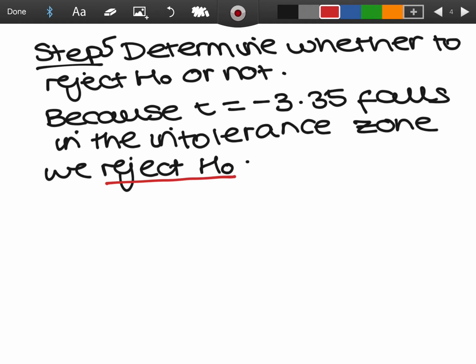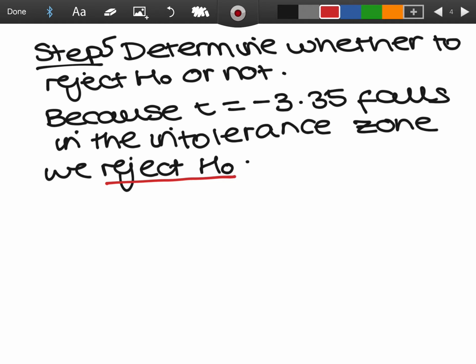That tells us, for step 6, always put it back in terms of the original problem. So in this case, your conclusion would be that the new test actually does not take 35 minutes. Now, we don't know from our test whether it takes less than or greater than 35 minutes, because we've only tested that it's different than 35 minutes.